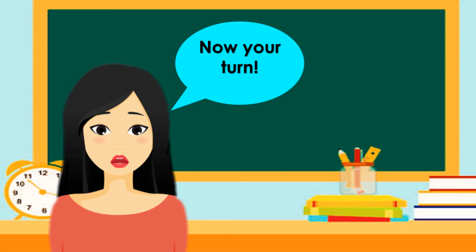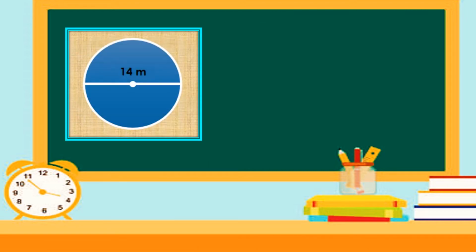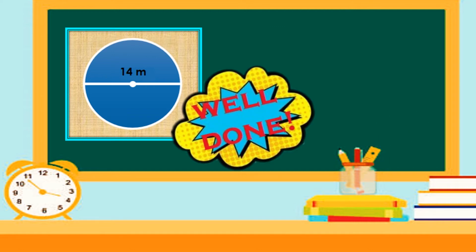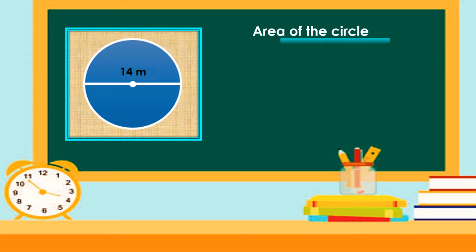Now your turn. Here's a circle with a diameter of 14 meters. What is its area? Well done! It's 153.86 square meters.